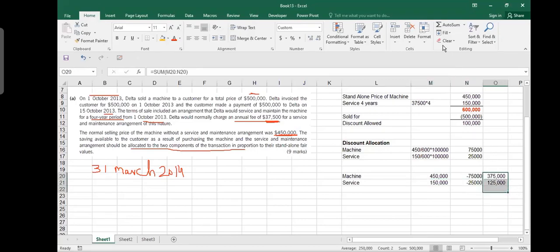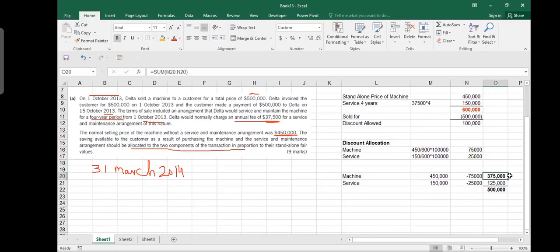So your 500,000 actually consists of this number. The final price within the 500,000 which we are receiving, the final price which we charged for machine is only 375,000, and for service is only 125,000.